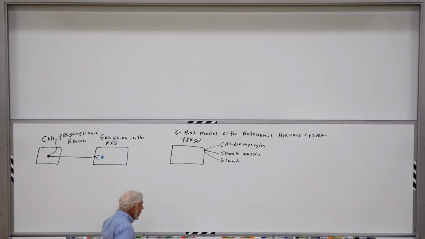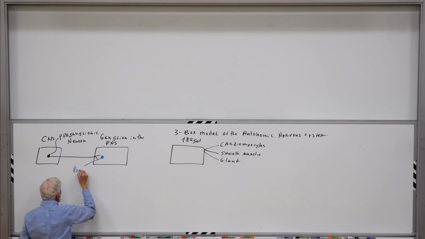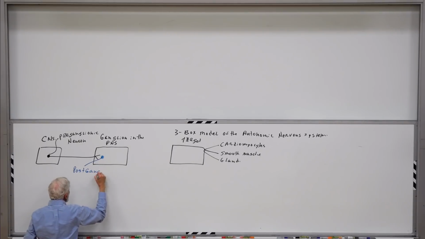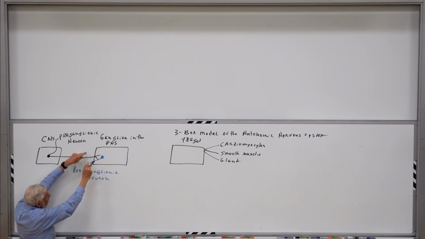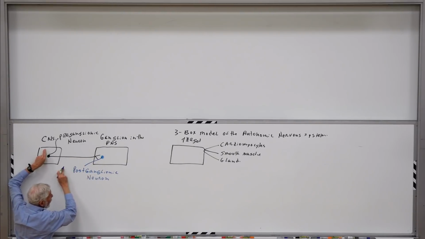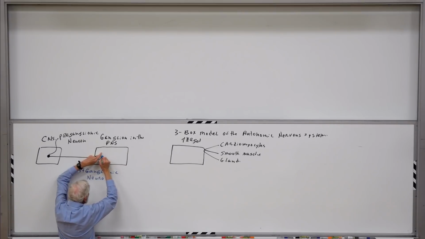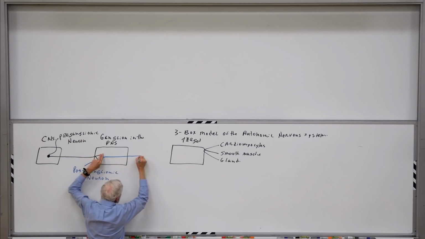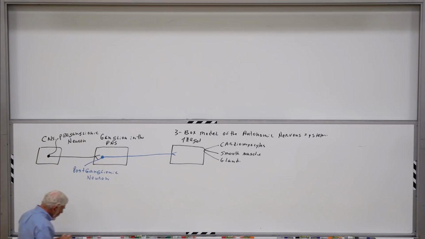And this neuron that I'll put in blue is said to be a postganglionic neuron. So this Y here is simply meant to represent the output region of the preganglionic neuron. The circle is meant to represent the input region or cell body of the postganglionic neuron. And this postganglionic neuron then sends a process out to the target and synapses onto the target.